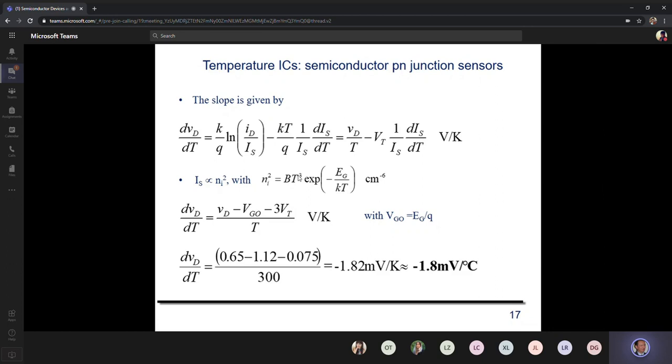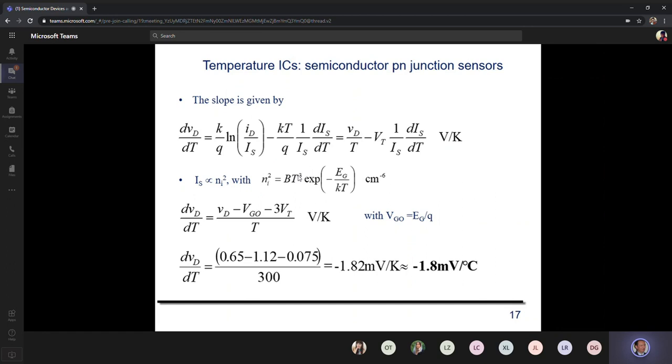And then you have to divide by T, that is, if you take room temperature, you have 300 Kelvin, okay? So the sensitivity, that is the change in the output voltage per degree Kelvin, from this formula comes about to be minus a little bit less than 2 millivolts per Kelvin, okay?